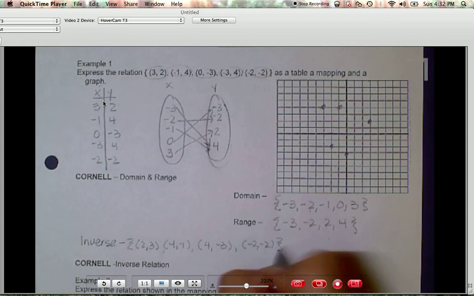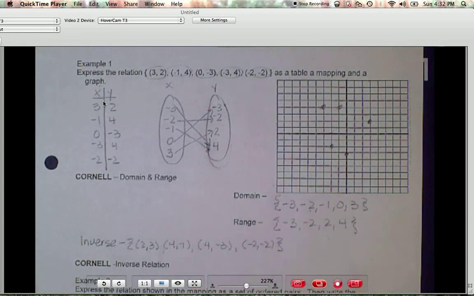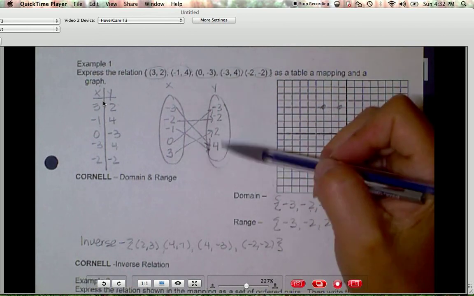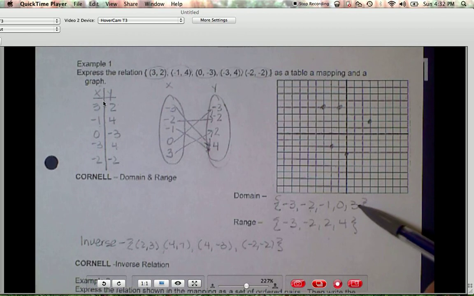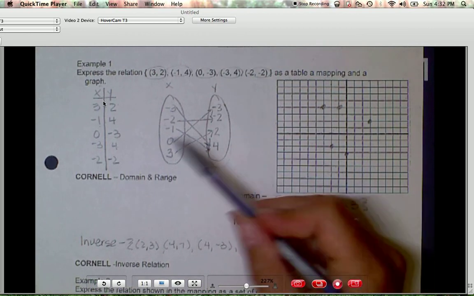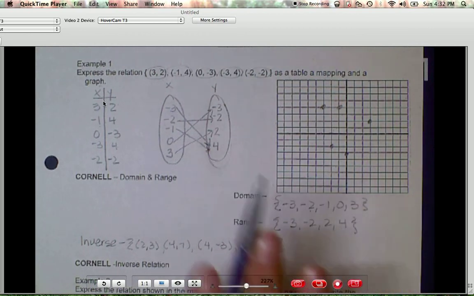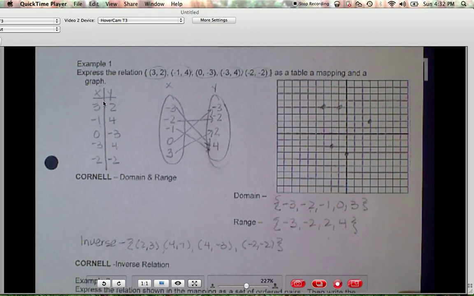That one will look the same, of course, because the x and the y are the same. Pretty easy, flip-flopping. So the mapping, we have to remember those stay in order. Domain and range in order with no repeat, same with the mapping. And then an inverse is just flipping the x and the y value in each point.